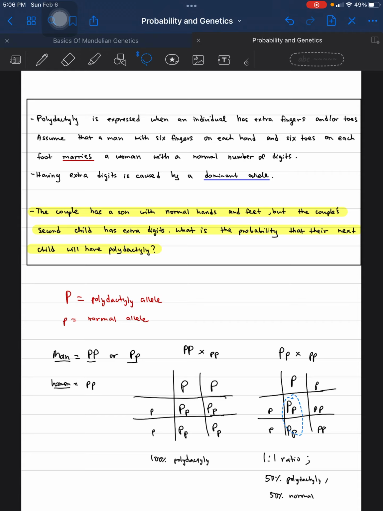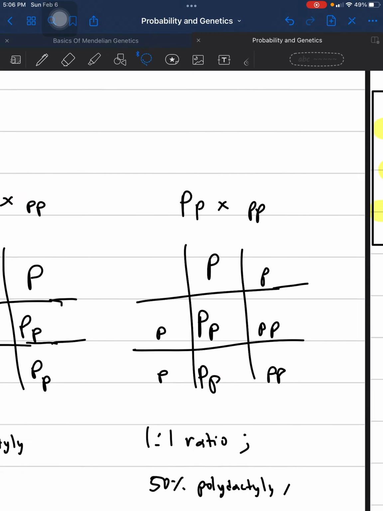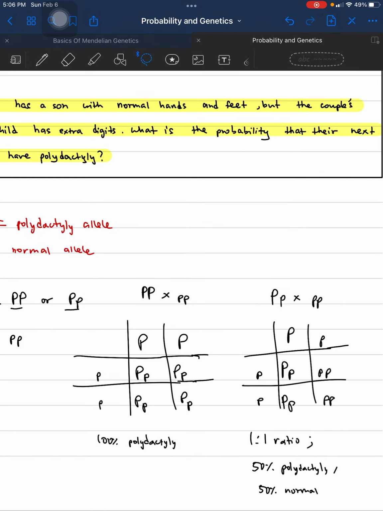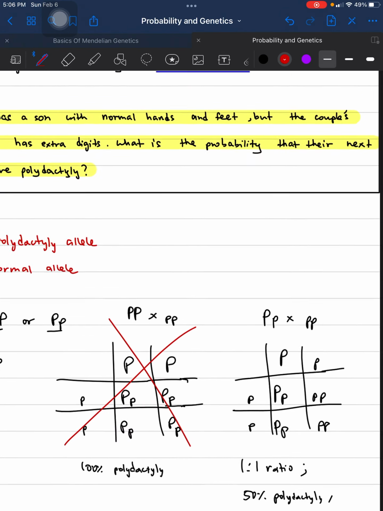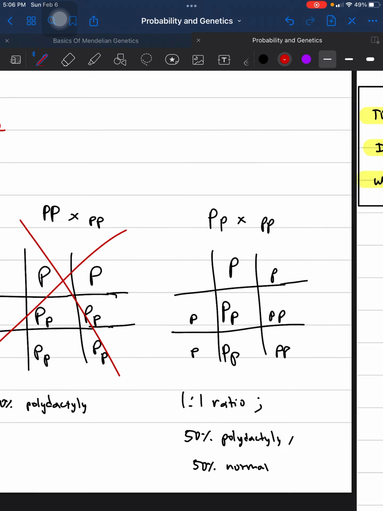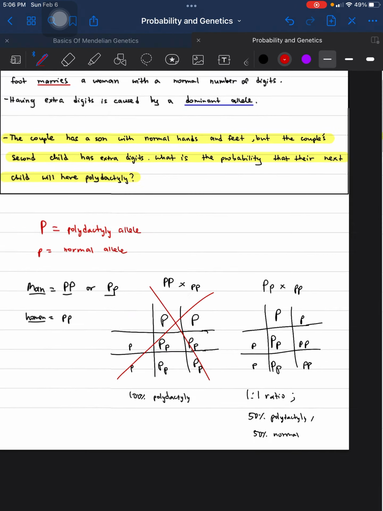So since now we know both genotypes, we can use this cross right here that we already made. We can forget about this other cross since it is not applicable to this example. We use this cross and we look at the probability of offspring having polydactyly.